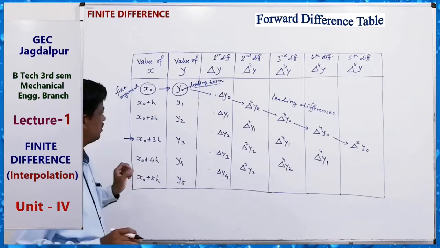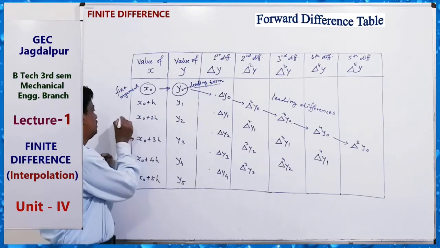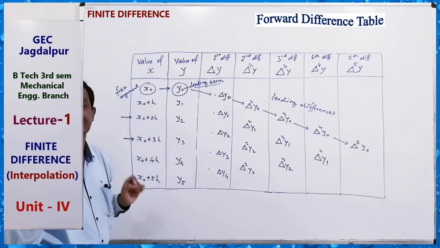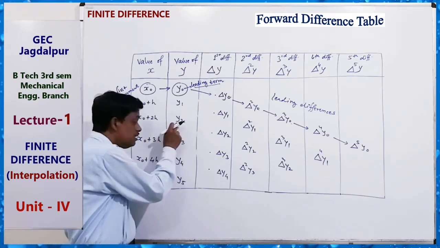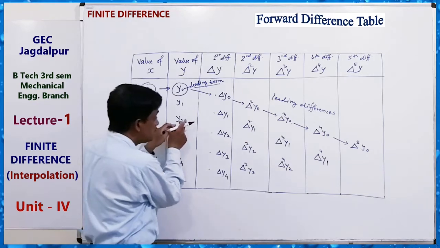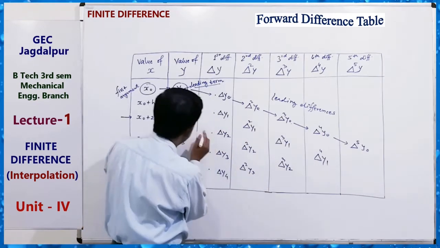Suppose for example we take this as first argument or origin argument, then it will be the leading term, and these differences will be leading differences.